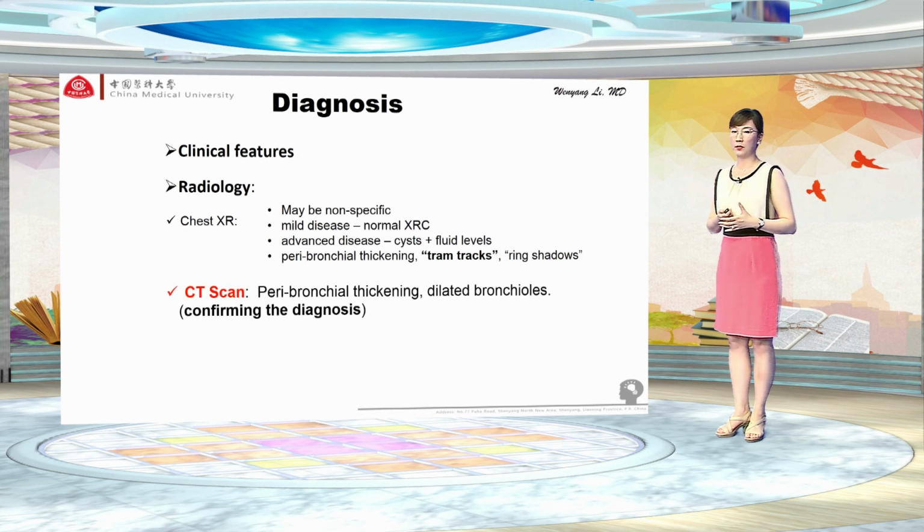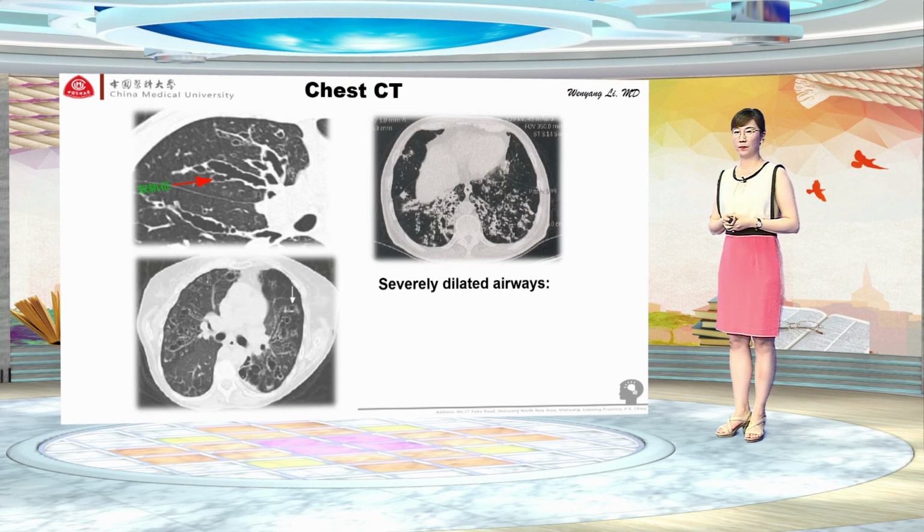On the other hand, when compared to chest X-ray, chest CT is more specific for bronchiectasis, and it is the imaging modality of choice to confirm the diagnosis of bronchiectasis.